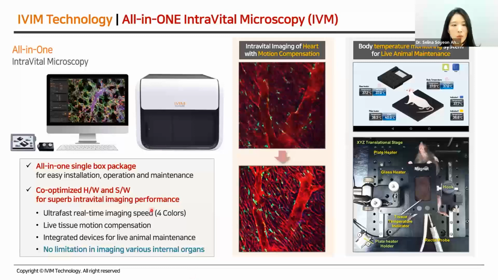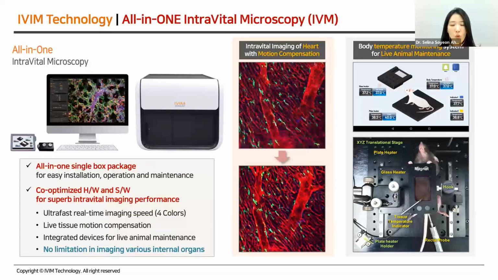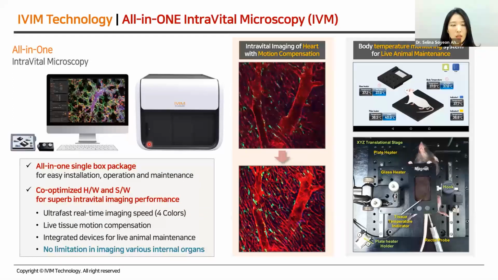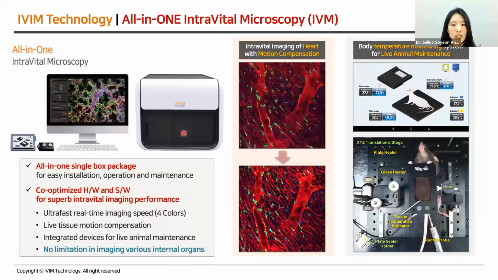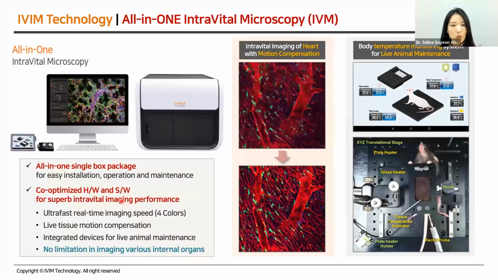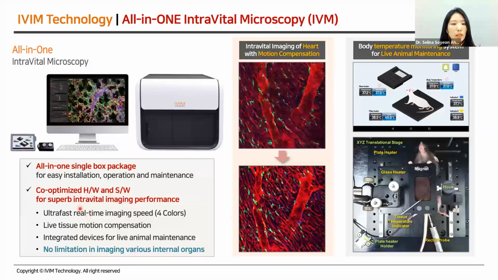So IVIM is the world's first and only company providing this new all-in-one system with the best in vivo imaging performance. This all-in-one single box package enables easy installation, operation, and maintenance, and it has co-optimized hardware and software for the best in vivo imaging performance with ultra-fast imaging speed, which is up to 100 frames per second.